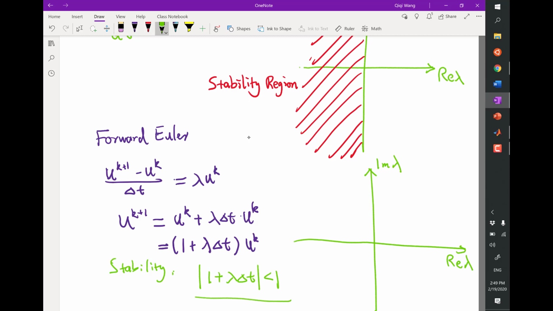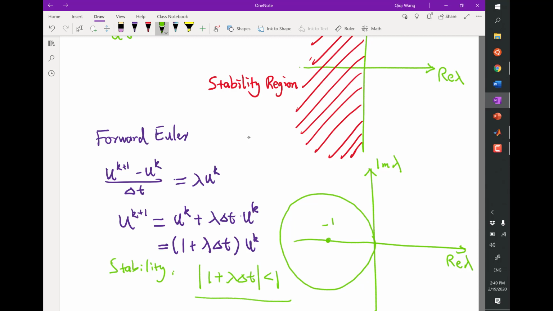So instead of the origin of the circle being at 0, you have it at -1. If I draw a stability region for lambda delta t, it would be a unit circle shifted towards the left by 1. So I would have -1 here, and it would still be a circle of unit radius.